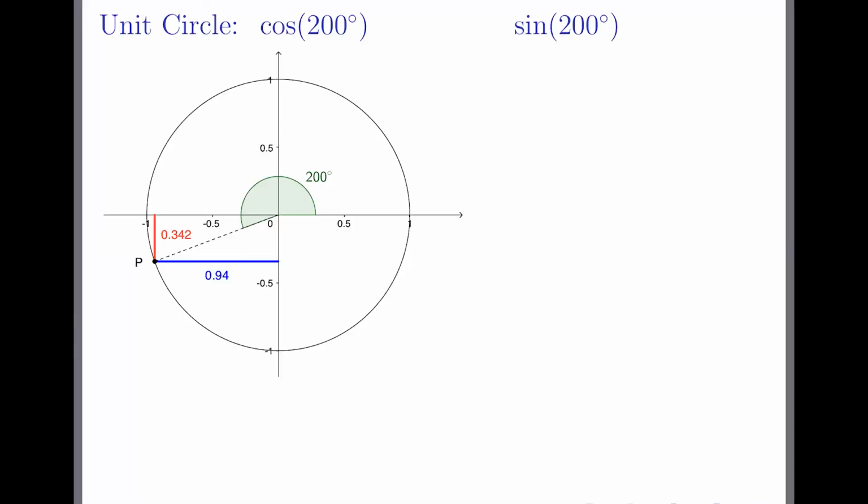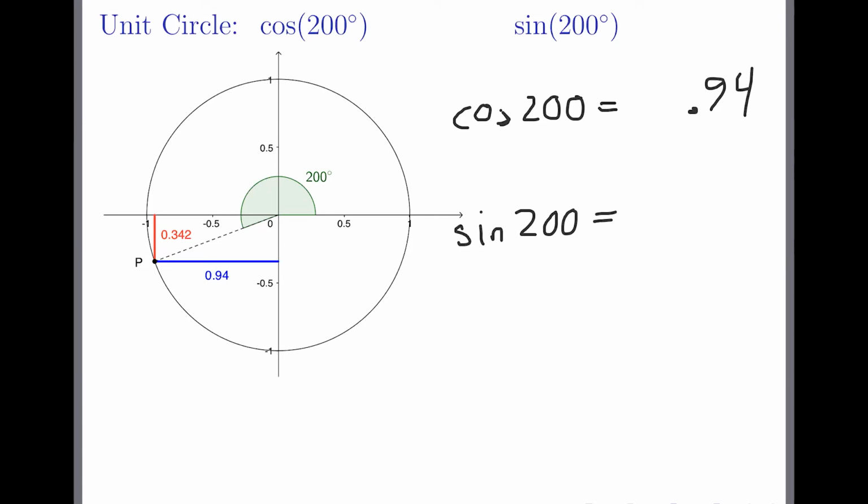Something interesting happens when we draw a 200-degree angle. Again, you might be tempted to say it looks like the horizontal distance is 0.94, so the cosine of 200 might appear at first glance to be equal to 0.94, and the sine of 200 might appear at first glance to be equal to 0.342.